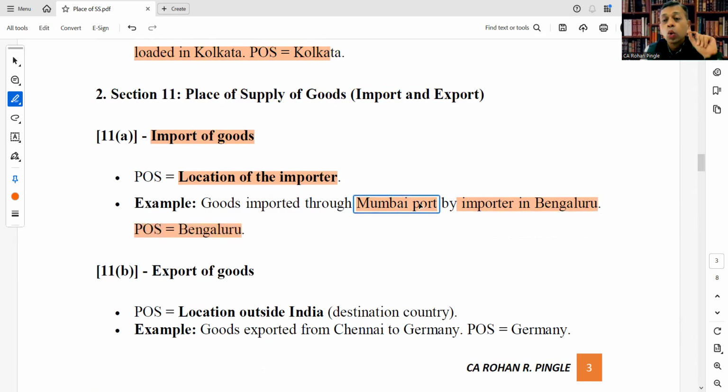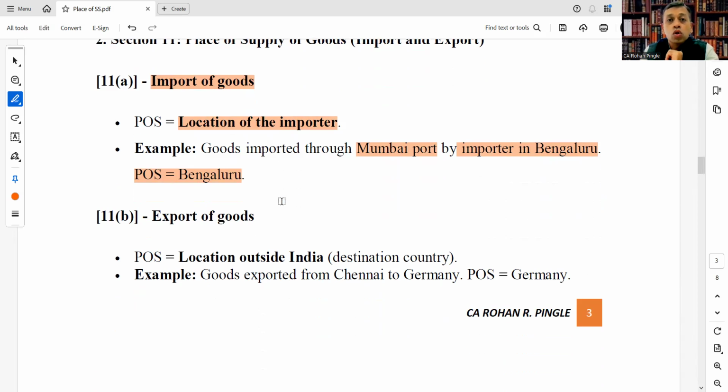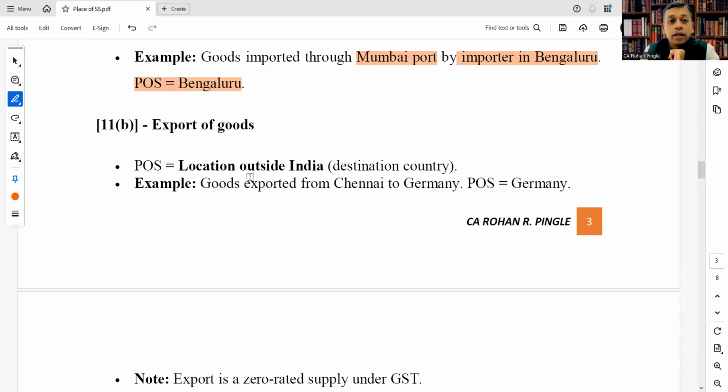What is the location of the importer? Very important: not the location where the goods are unloaded, that is Mumbai port. It is the location of the importer, that is in Bangalore. So section 11 clause A talks about import of goods, and place of supply will be the location of the importer.